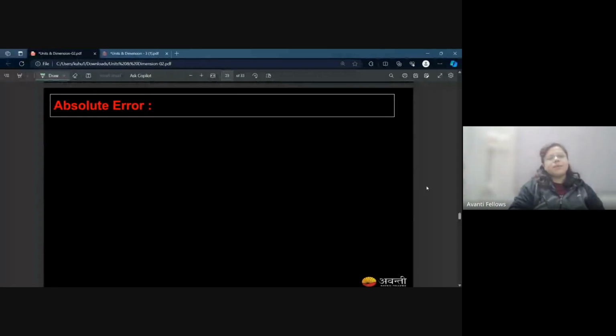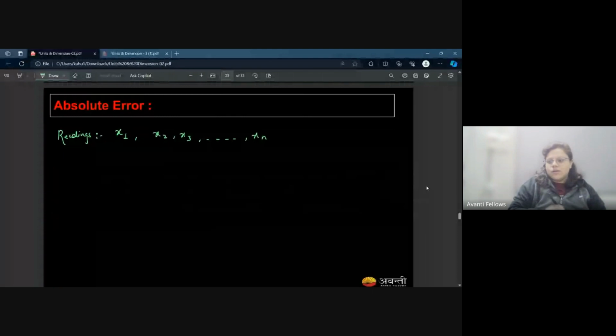For example, I give you something to measure and you give me the data. Like I give you a rod, please measure the length of this rod, and you give me, let's say, 10 readings. Okay. So the data may be like this: x1, x2, x3 up to, let's say, xn. These are the readings. So first I need to calculate the true value.